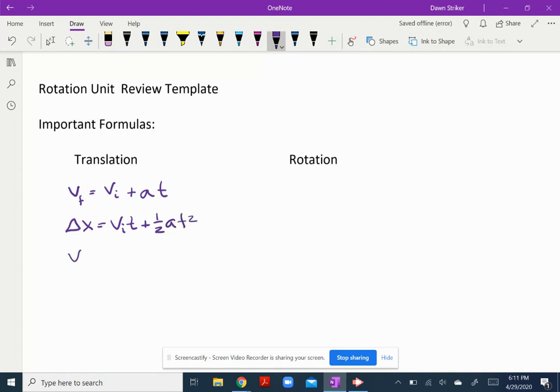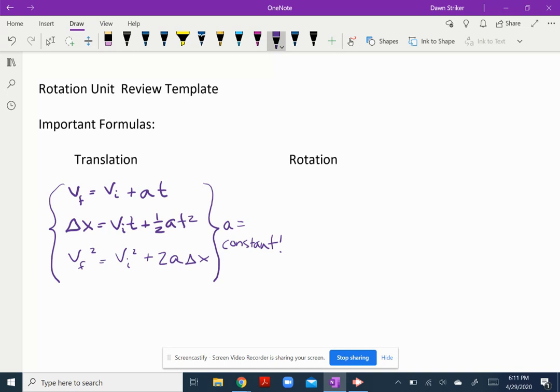And then our time independent equation, V final squared is equal to V initial squared plus 2 times the acceleration times the displacement. Kinematics formulas. Remember that these formulas are derived with a constant acceleration. So you can't use these formulas if acceleration is not constant. For simple harmonic motion, you do not use these formulas.